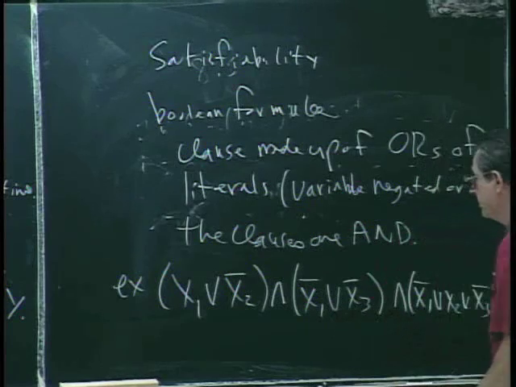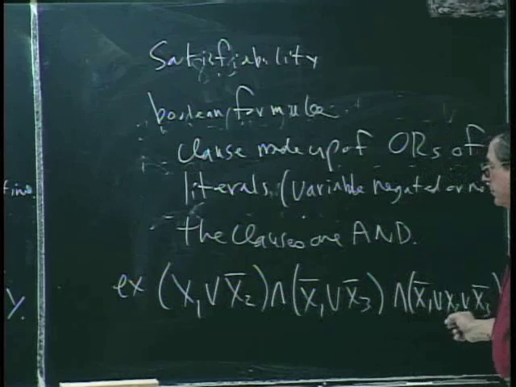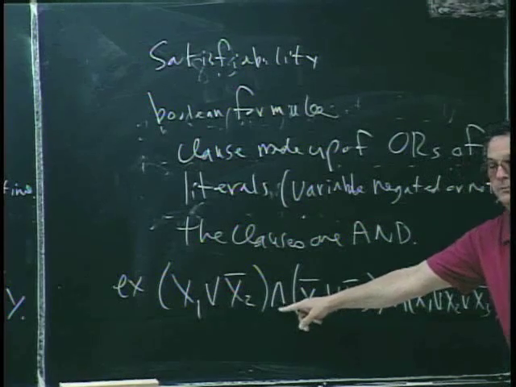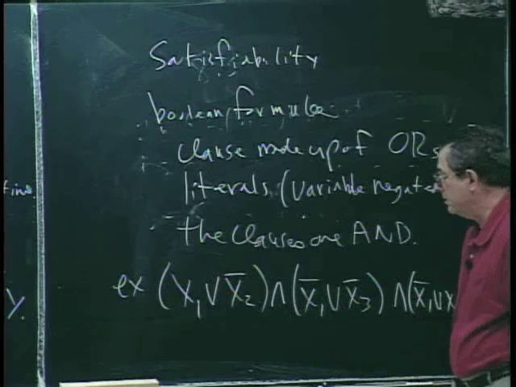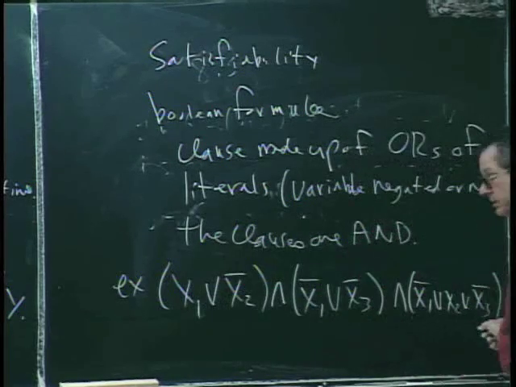So this Boolean formula has three clauses. They're connected by ANDs. This is the AND sign. Inside of each clause you have literals. This one has two literals. This one has three literals.